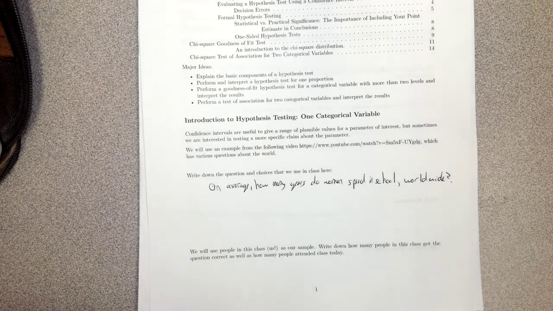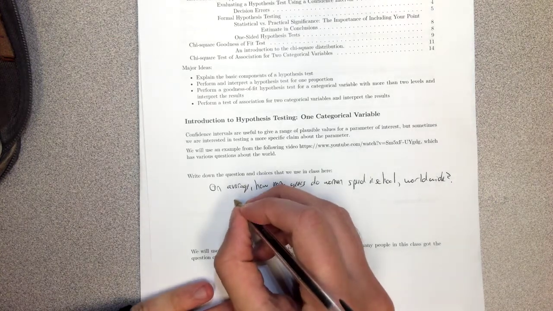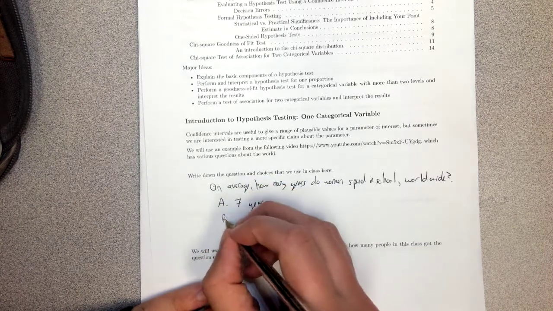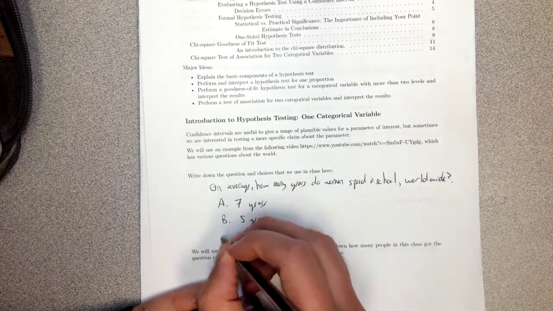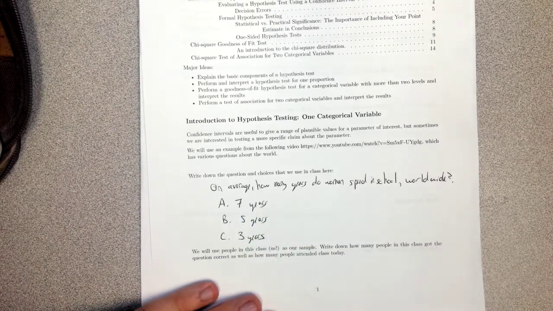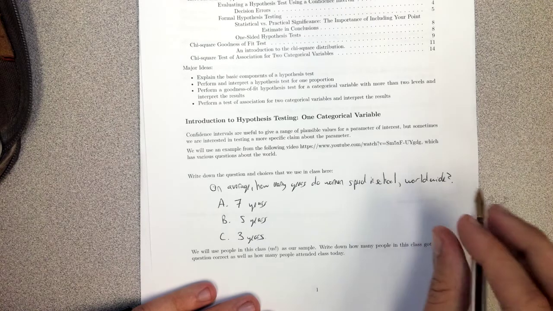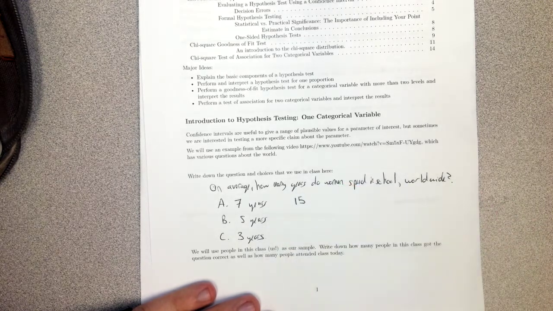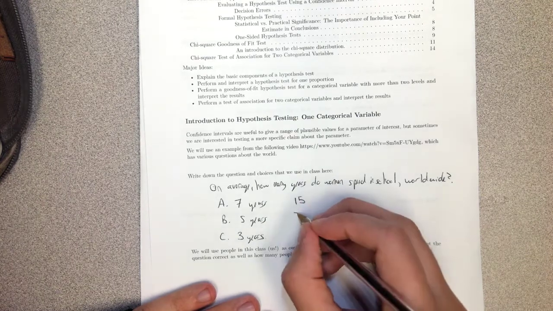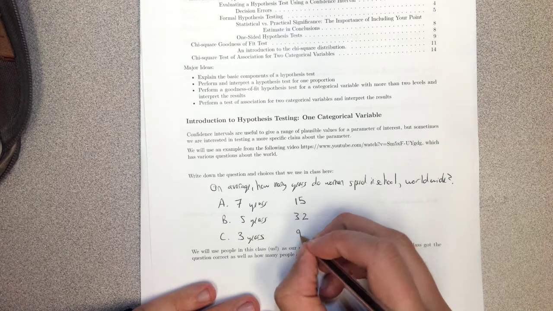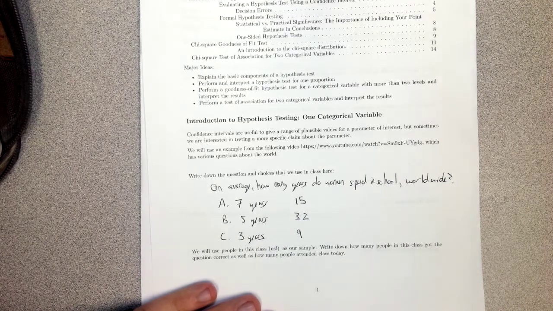So it was your job to answer as best you could whether this was 7 years, option A, 5 years, option B, or 3 years, option C. The results were that 15 students answered option A, 32 students answered option B, and 9 students answered option C.